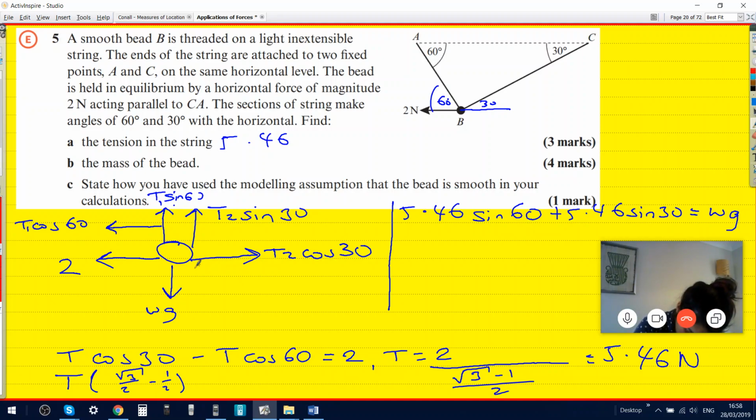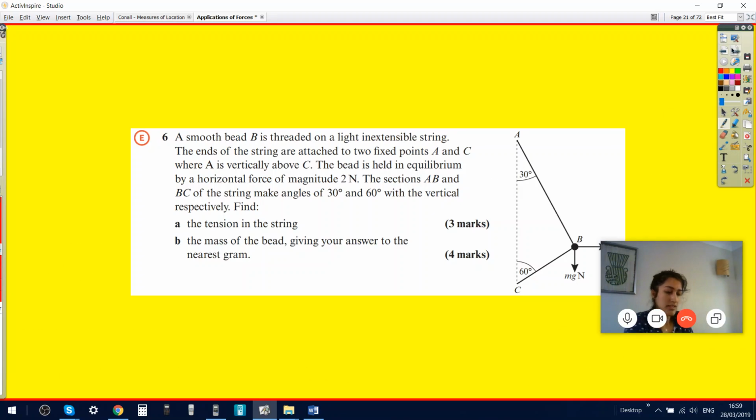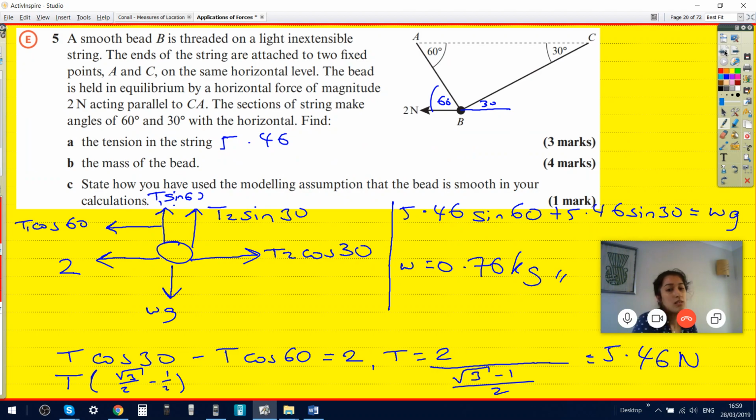So the mass is going to be the force going the other way divided by acceleration, which is G. 0.76. Yeah. So that's the weight. So kg, kilos, yeah. Or N. So mass is kg, weight is N.